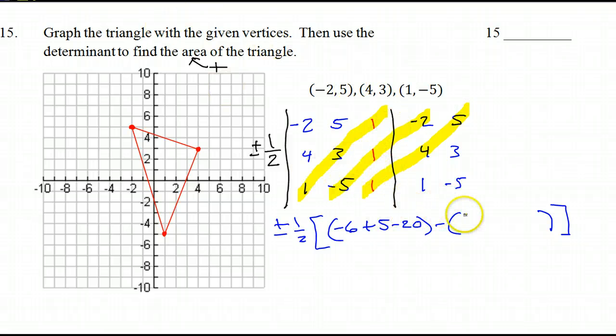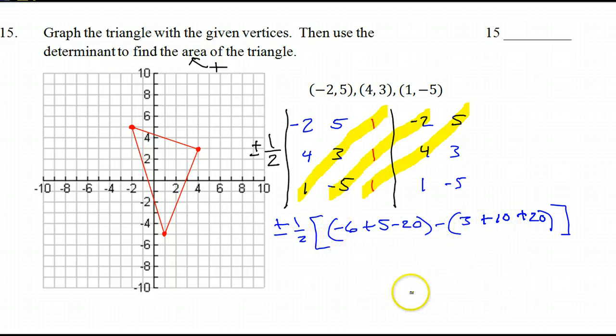Okay, so the up diagonals are 3, 10, and 20. Whoops, positive 20. All right.